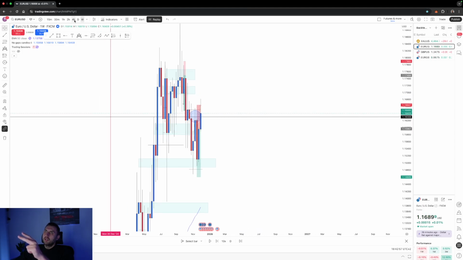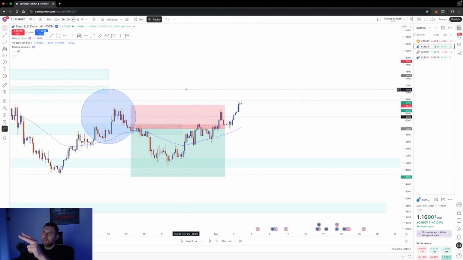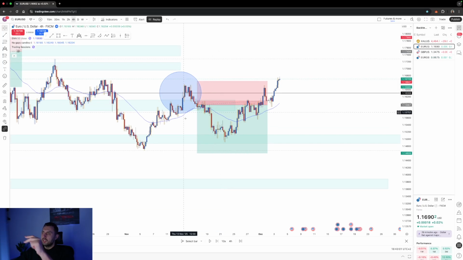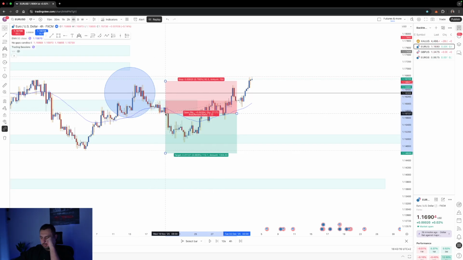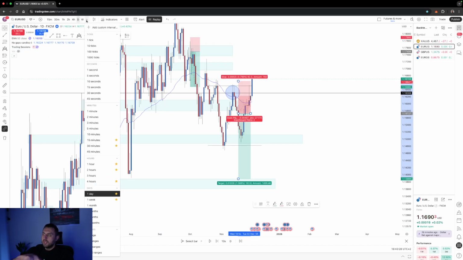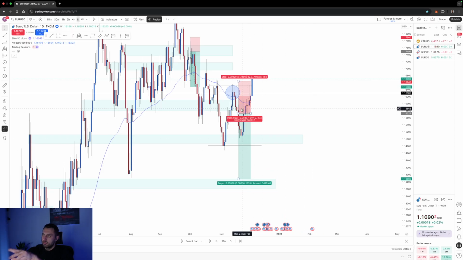That's why we need to wait for the 4 hour to shift, because look at this, if the 4 hour would have shifted here, for example, and I would have put my entry here, I would have seen that my take profit wouldn't make sense from here.